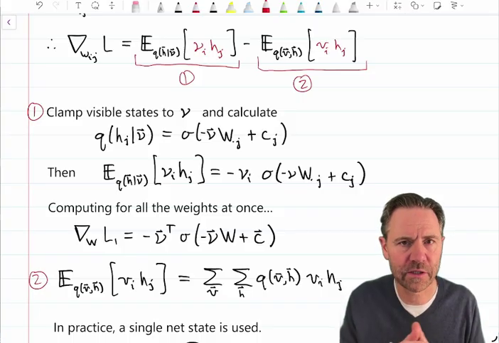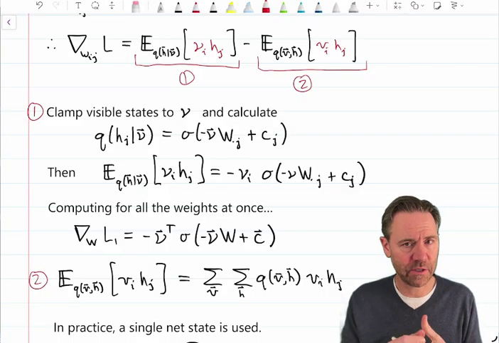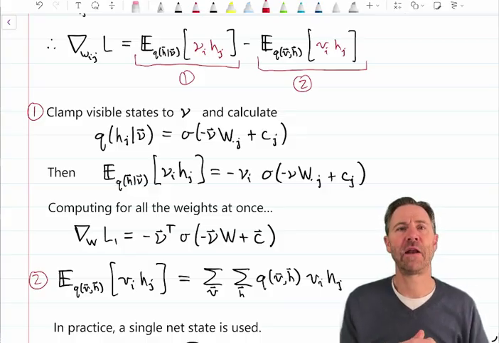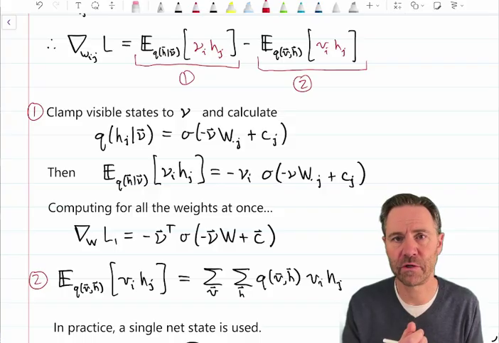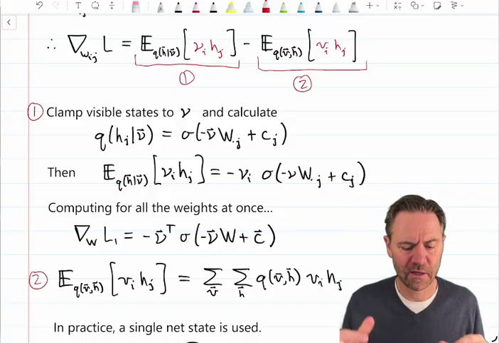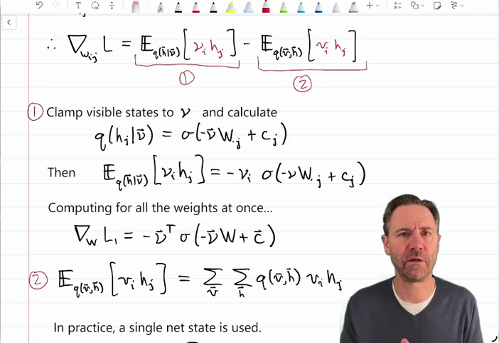Q is our generative model. Our network is representing Q. So we run our network, and that gives us Q, the distribution that we're drawing these states from. So by running the network, we can sample these probabilities.